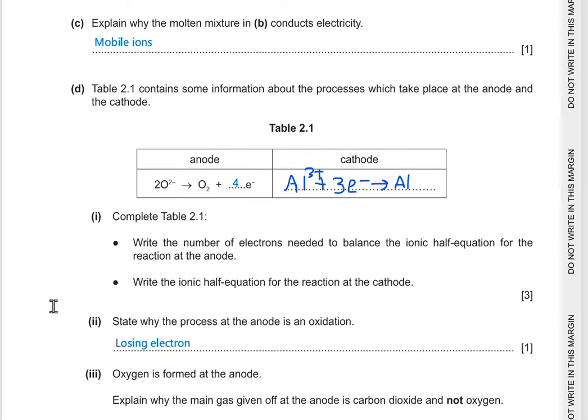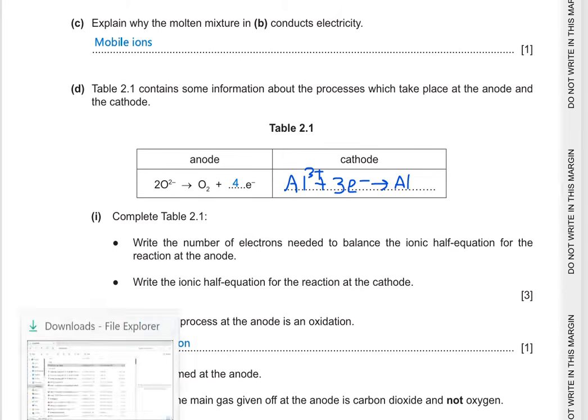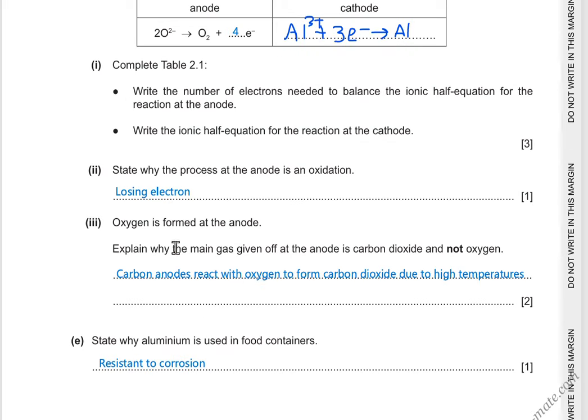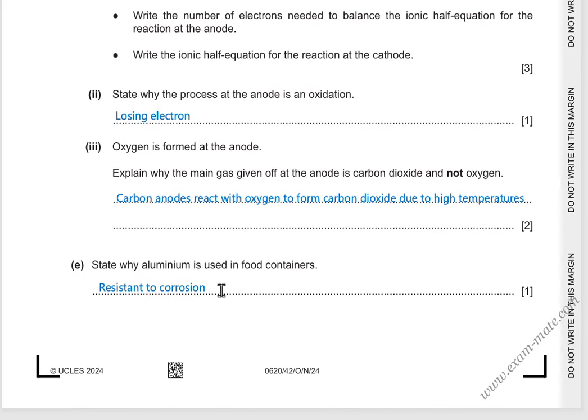State why the process at the anode is an oxidation, because we are losing electrons. Oxygen is formed at the anode. Explain why the main gas given off at the anode is carbon dioxide and not oxygen. That's because carbon anodes react with oxygen to form carbon dioxide due to high temperatures.